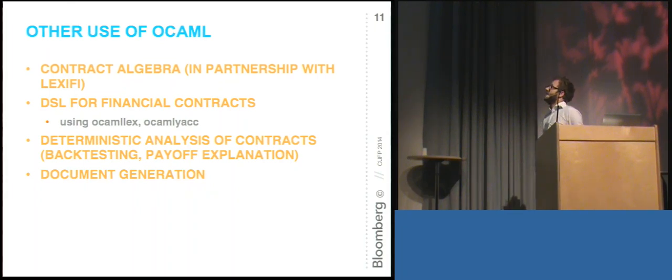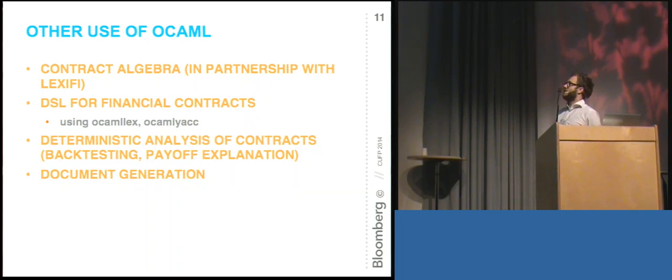The first one is we created a DSL for financial contracts, right? So we use the classic OCaml lex and yacc to develop a mini domain-specific language that we actually expose to our users, right? And it is a functional language. Not type-safe, but it is functional.